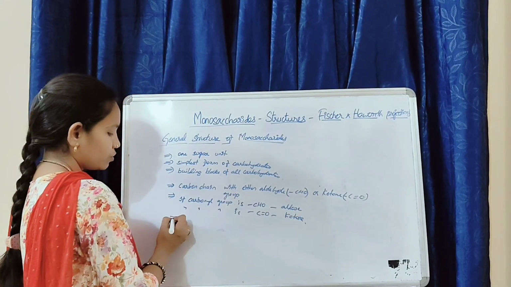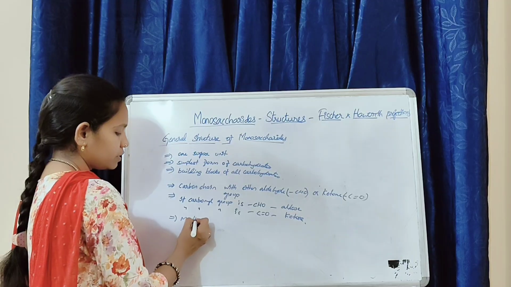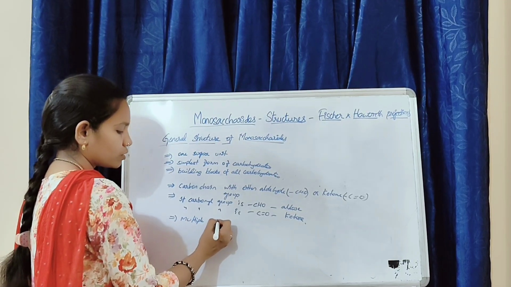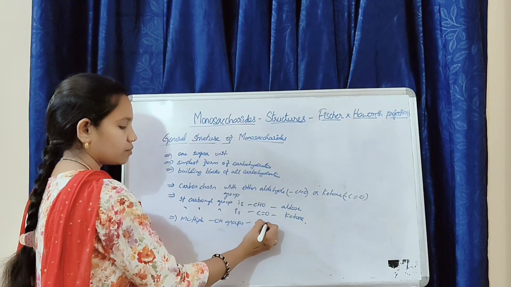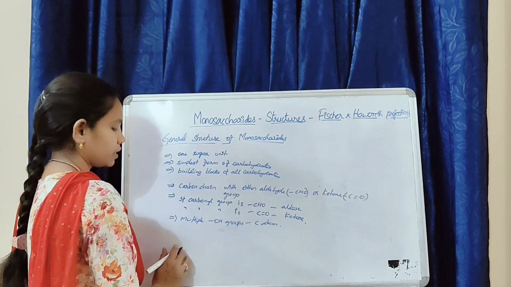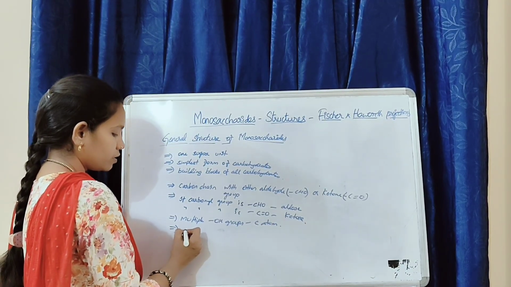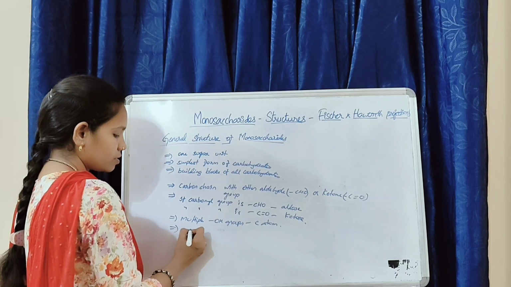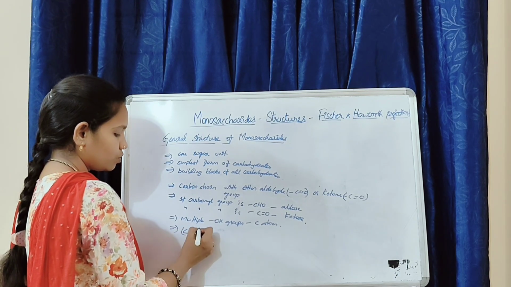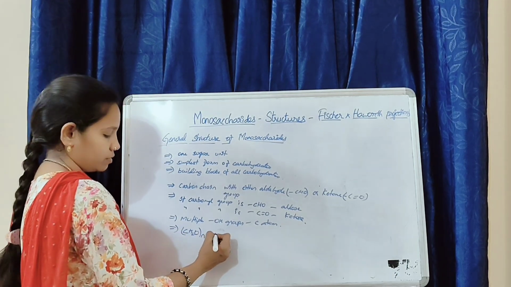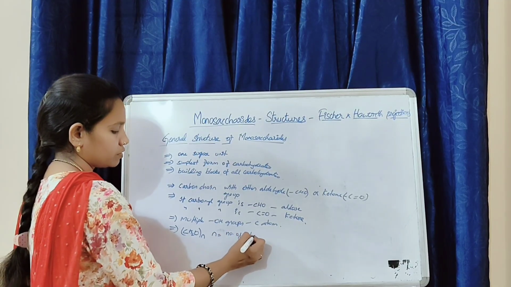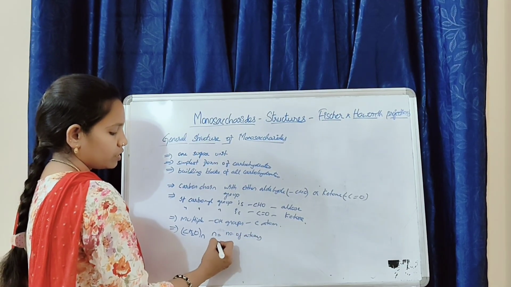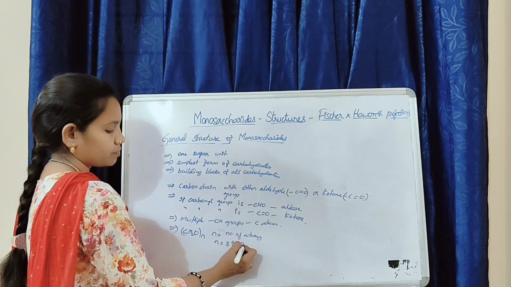Okay, and it also contains multiple hydroxyl groups that are attached to the carbon atom. They usually have the formula (CH2O)n. So here n is the number of atoms. So it will be generally 3 to 7.